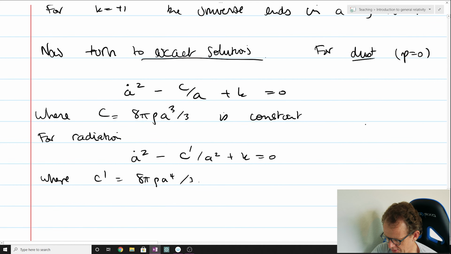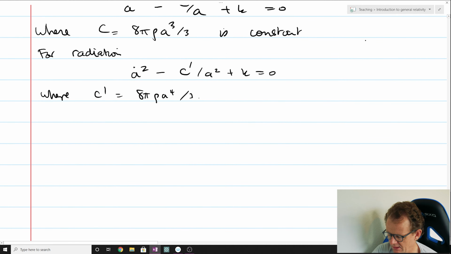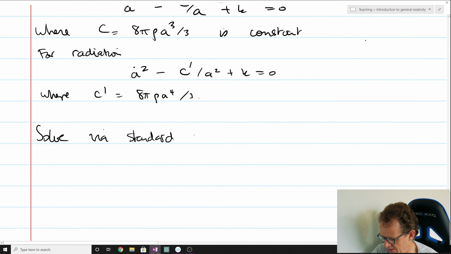Now, this is a nonlinear differential equation in A, and you can solve it by standard techniques. You work out what the derivative of A is, and then it's an integral, and then you work out the integral and the constants.